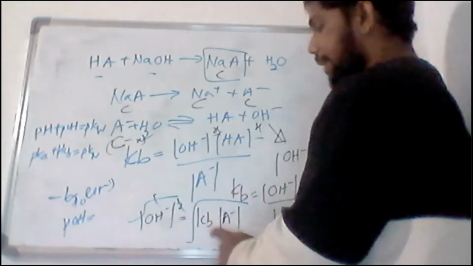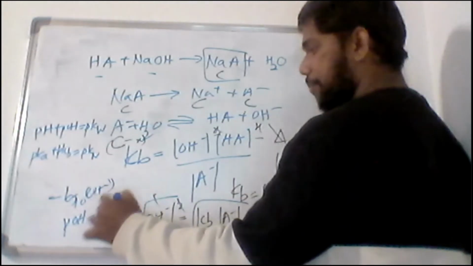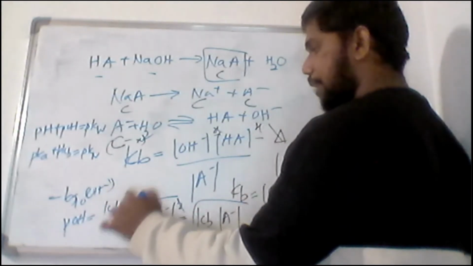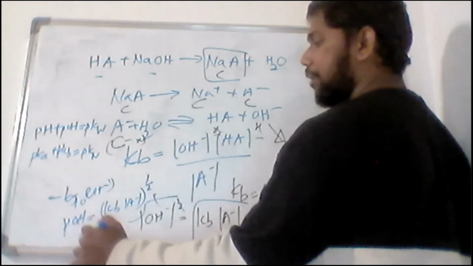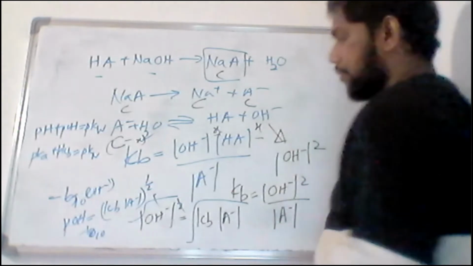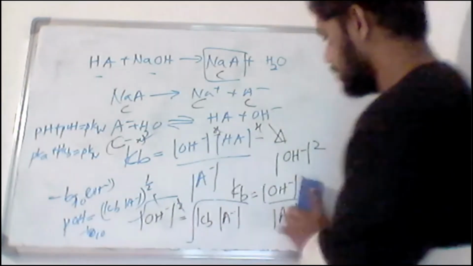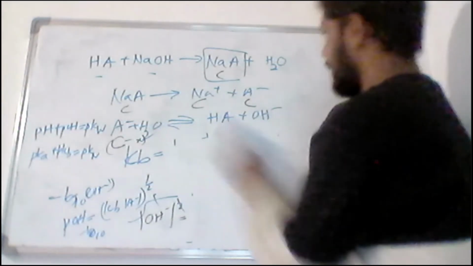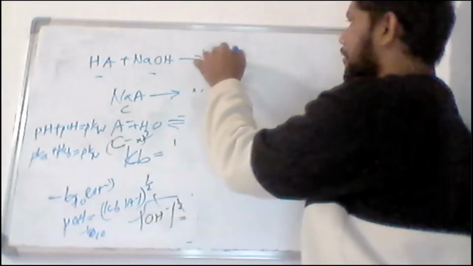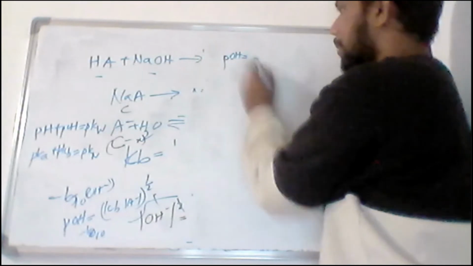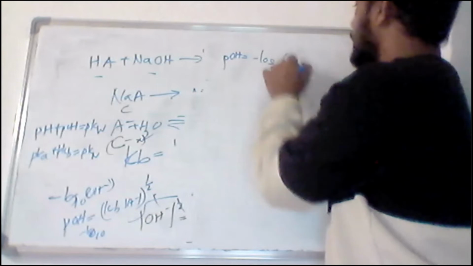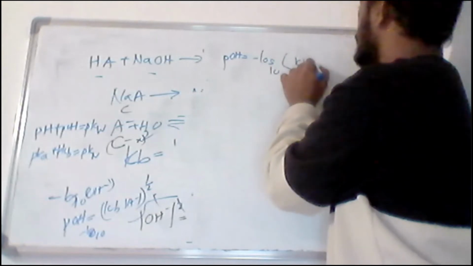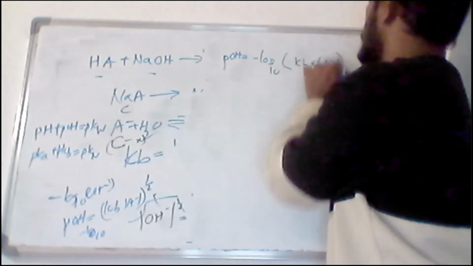And here there will be Kb times A minus concentration to the power half, and then you need to take log base 10. Okay, so I will erase all these. So I have pOH equals minus log 10 of Kb times A minus to the half.